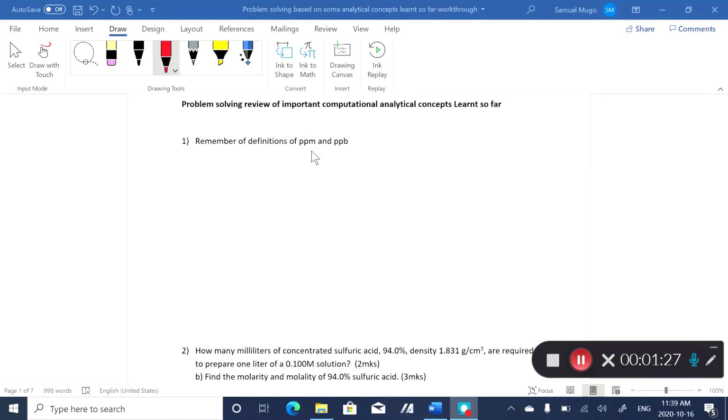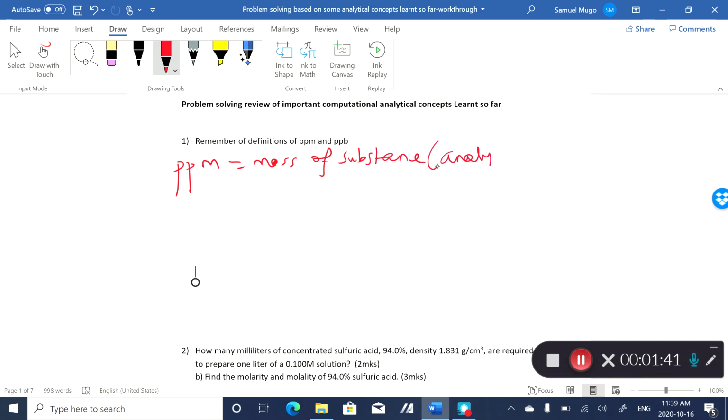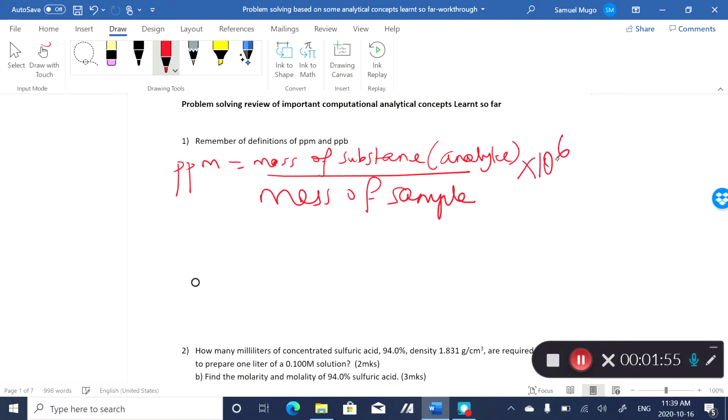And so remember, we defined ppm as the mass of the substance or the analyte, divided by the mass of the sample, and you multiply that by 1,000,000.